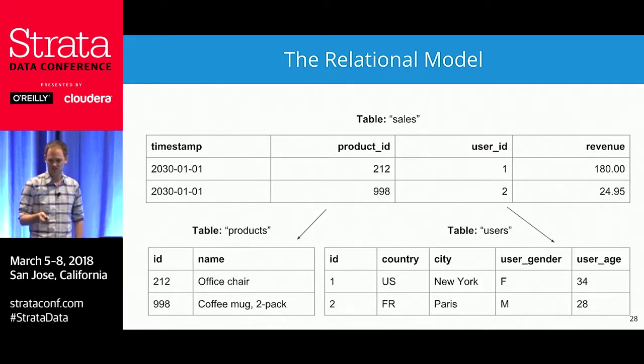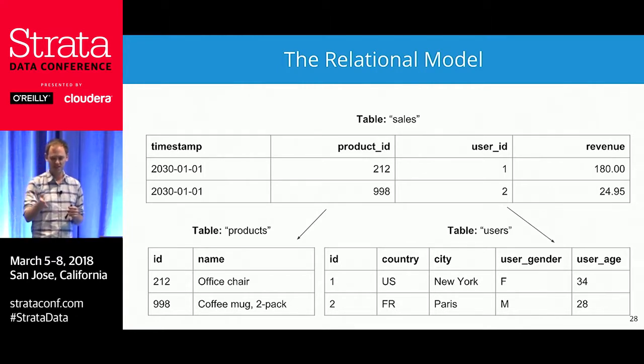So in a traditional relational database, you'll have something that looks like this. Let's say you have a database storing sales, and you want to be able to do analytics on your sales. So if you went to college, you took a course in database design, and you heard about normal form, you dutifully design your database in normal form, it's going to look like this. You're going to have a sales table: the timestamp, product ID, user ID, revenue.